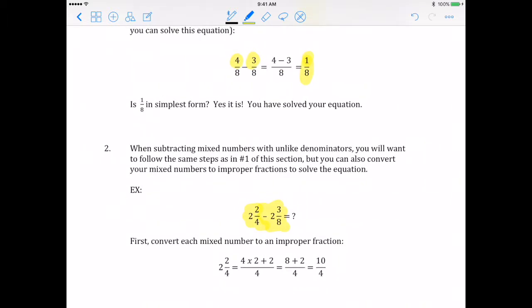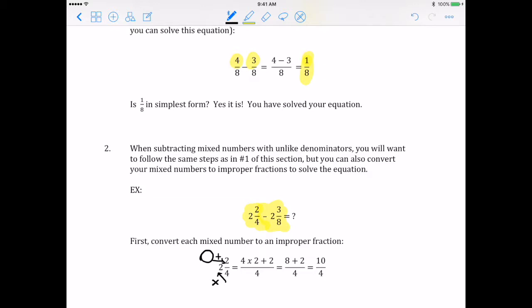Whenever you're converting a mixed number to an improper fraction, you're going to multiply your denominator times your whole number, and then the product you get from multiplying those two numbers, whatever that is, you will add it to the numerator in your mixed number.